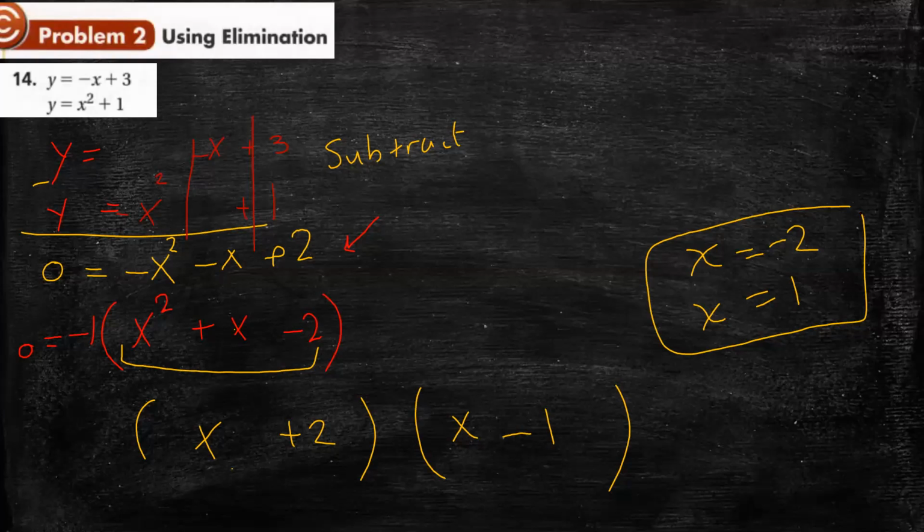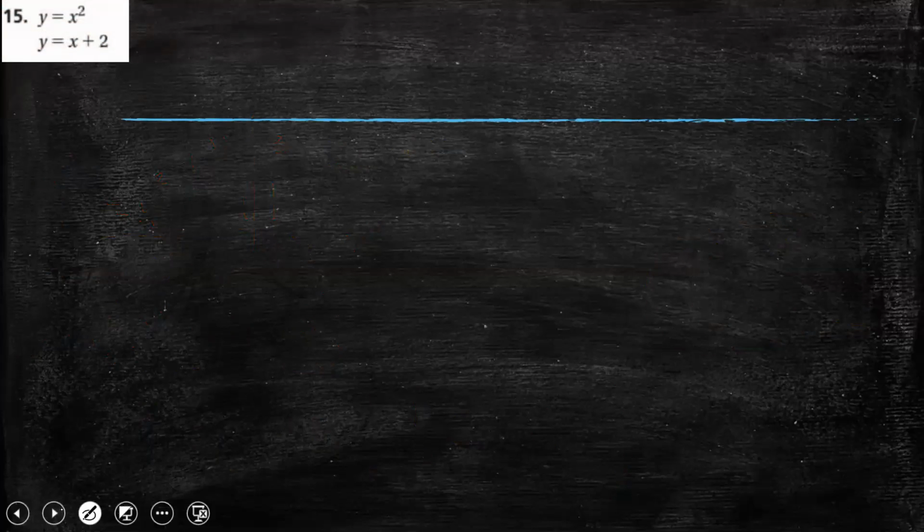Okay. Let's do another example, so it will be clear here. y equals x squared and y equals x plus 2. The first step, I have to subtract. As we said before, do you remember in chapter 8 when you want to subtract or add expressions? We have y equals x squared, and we have y equals x plus 2.